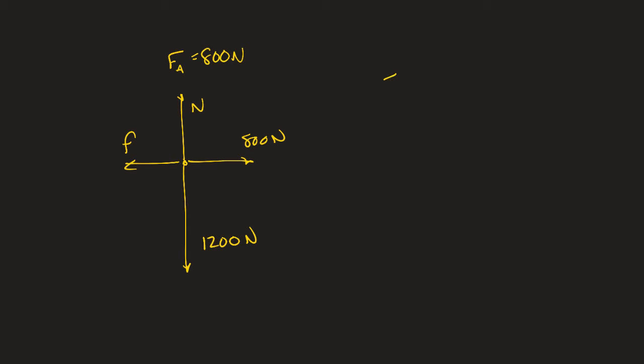We don't know if the net force is zero or not. We do know that friction has to be less than or equal to mu s times the normal force, and I can tell you that friction has to be less than or equal to 0.8 times 1200.